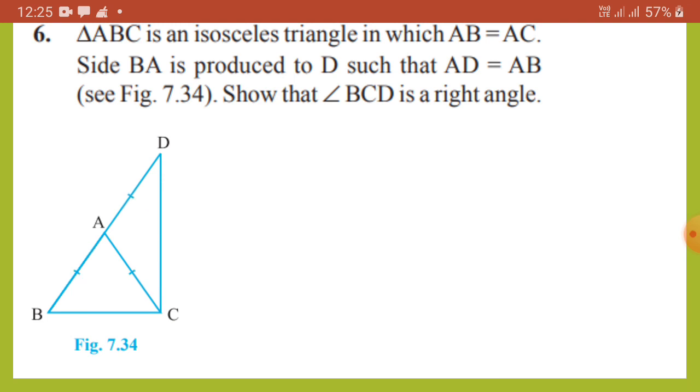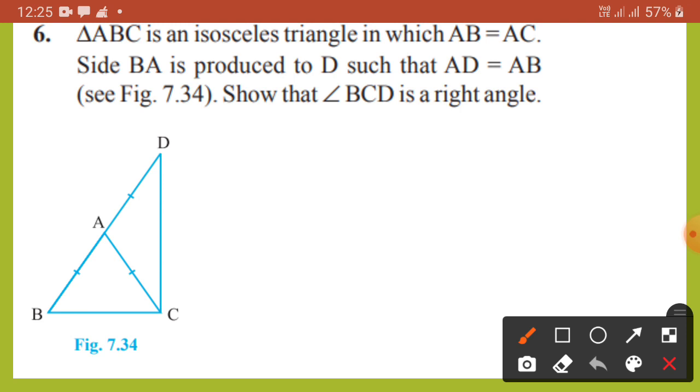So in this figure, it is already given that AB is equal to AC, and angle ACB is equal to angle ABC. This angle is equal to this angle because angles opposite to equal sides are equal. Also it is given that AD is equal to AB.